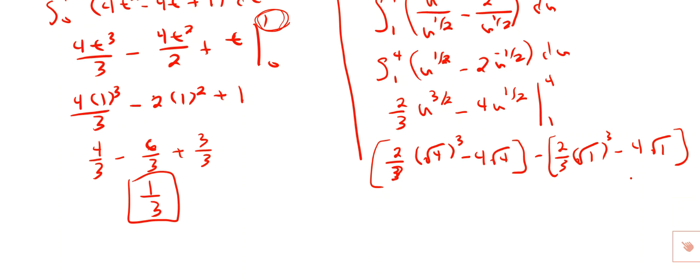So I just change the fraction notation back into roots and exponents. All right, so the square root of 4 is 2. 2 times 2 to the 3rd power is 8. So it gives us 16/3 here.